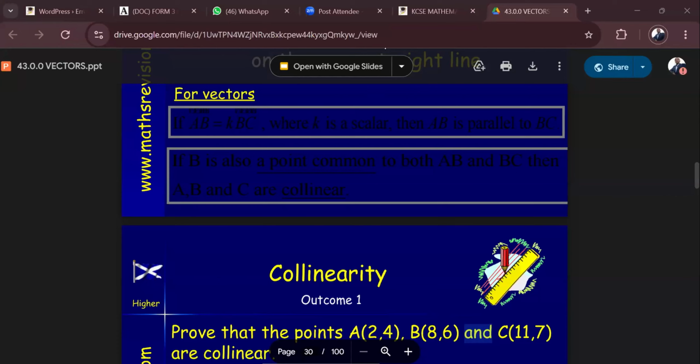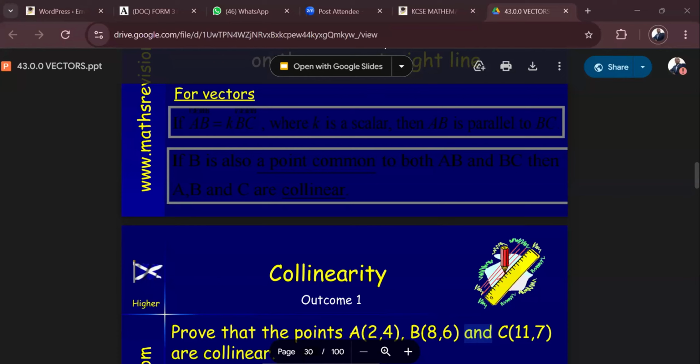Macoris. The answer is (6, -2) for AB, and for BC, (4, -1).